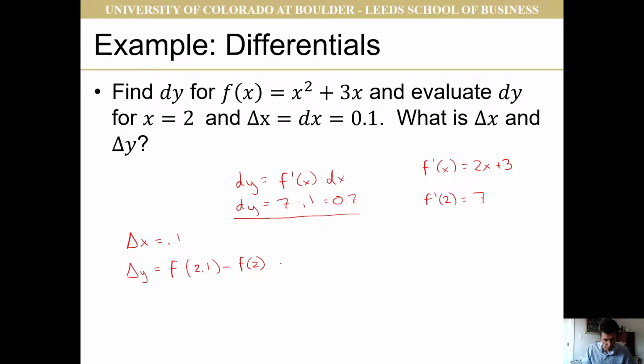So this is equal to 10.71 minus f of 2, which I can do in my head: that's 4 plus 6, 10. So 0.71. You can see the actual change in y when x goes between 2 and 2.1 is 0.71. The approximation is 0.7. And the approximation, again, we can make that pretty good, but the approximation is close, right? 0.7 versus 0.71. And actually it was a lot easier and quicker to calculate.